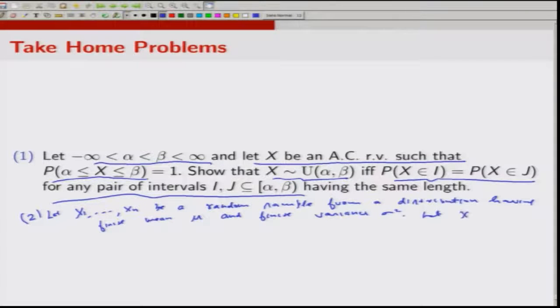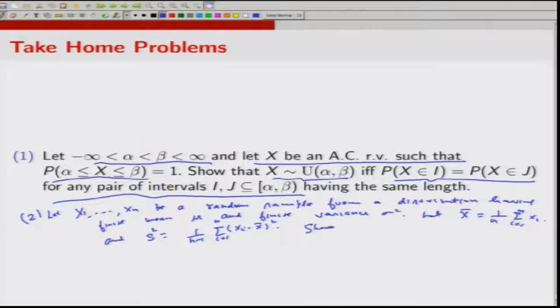Let x bar be the sample mean, which is 1 upon n summation i equal to 1 to n xi, and s square be the sample variance, so 1 upon n minus 1 summation i equal to 1 to n (xi minus x bar) whole square.